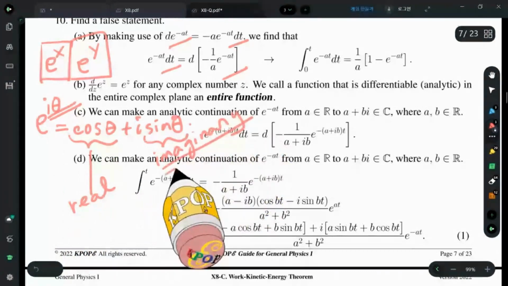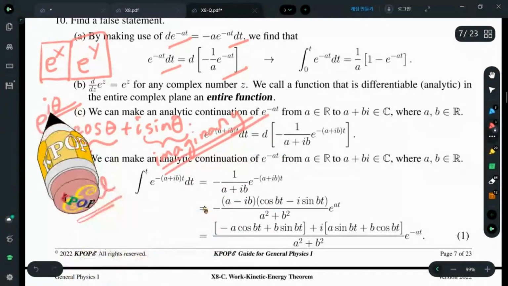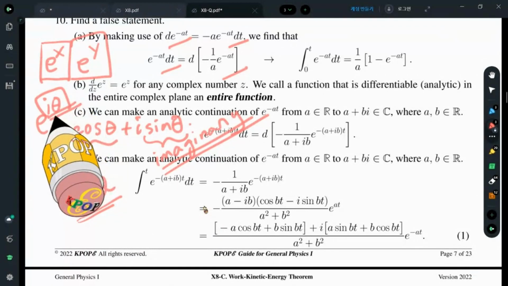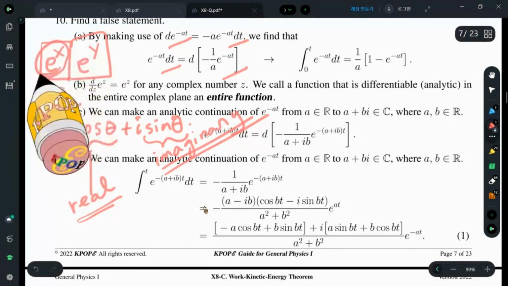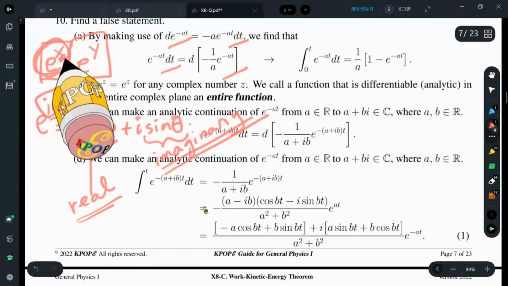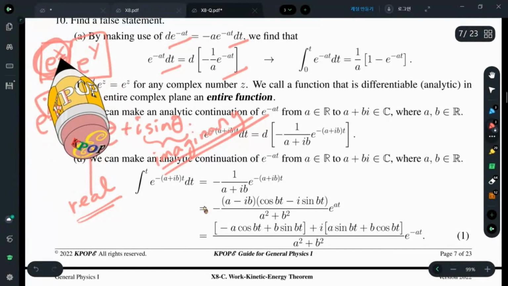So this complex representation has cosine or sine in the real part or imaginary part. In the real world, it is unnecessary to introduce the complex variable. However, introducing a complex variable greatly simplifies your calculation. So it is for our convenience. We have a variable that is only defined in the real variable.